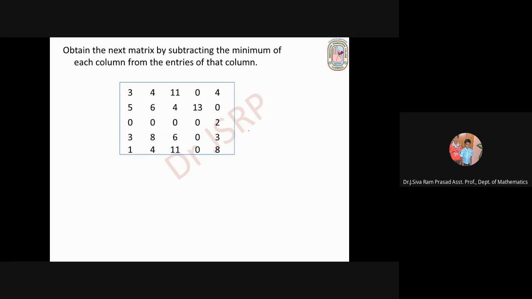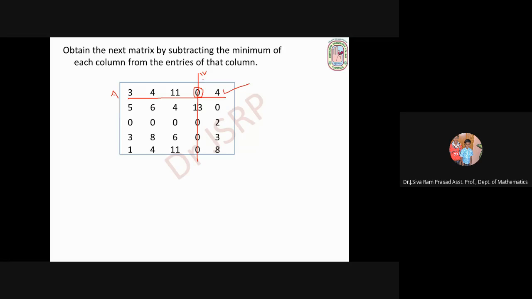So first, consider first row. If first row contains exactly 1 0, then mark a square or circle around that 0 and draw a vertical line. That means we fix that job to the corresponding person. So here the job A is fixed to person 4.